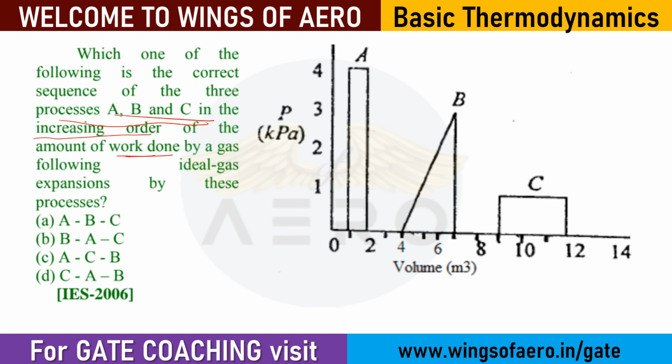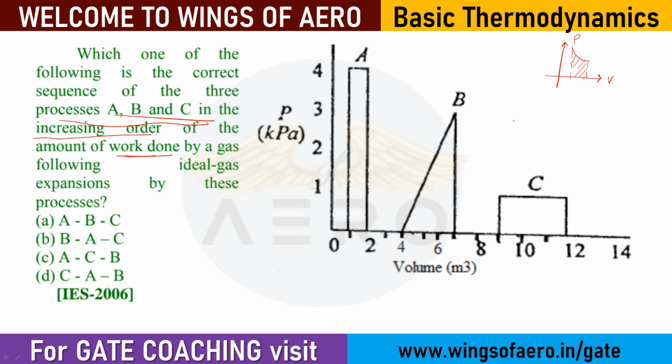Before I start, first you think and tell me how can I proceed with this question. In any graph of volume versus pressure, the area under the graph is going to be the complete work done.